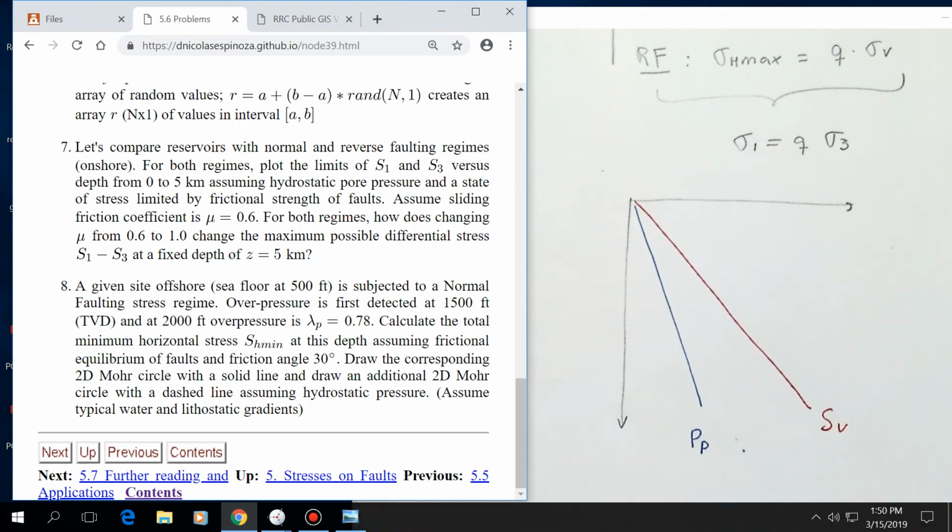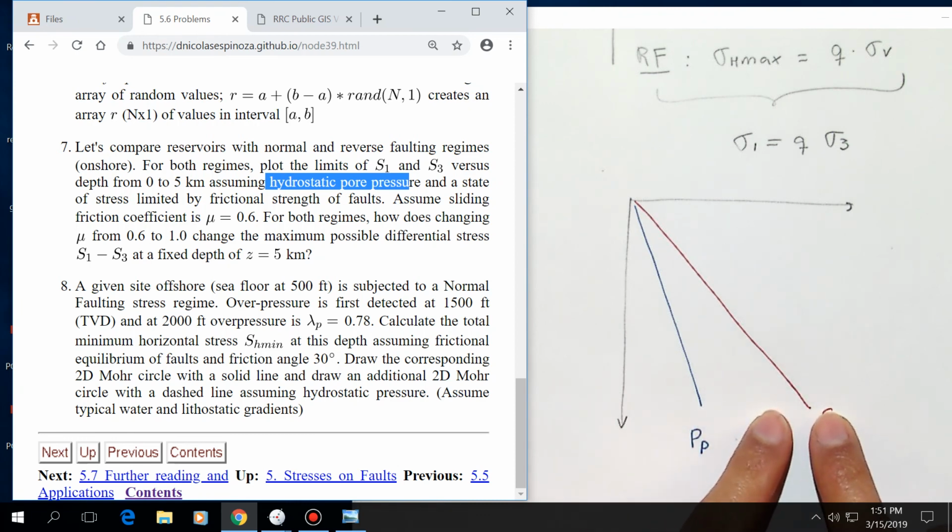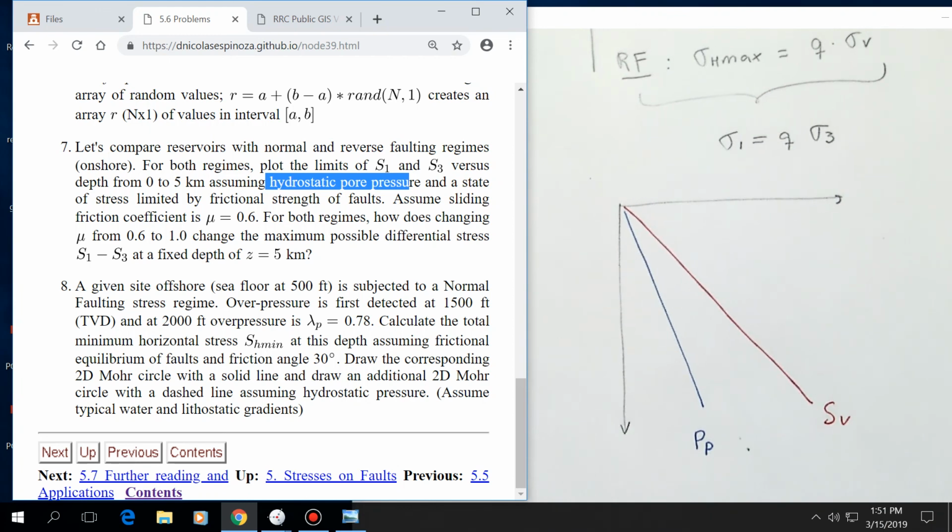And notice that it's very important that later in the second problem, we do not assume a hydrostatic pore pressure anymore, but we assume a case of overpressure. And in that case, this distance gets smaller, and so the difference between the total stresses gets smaller too.